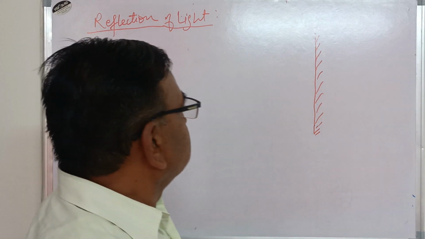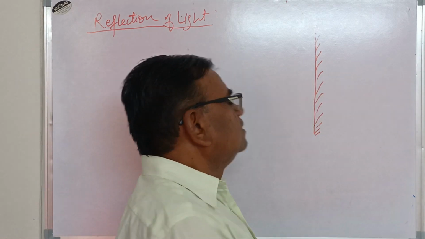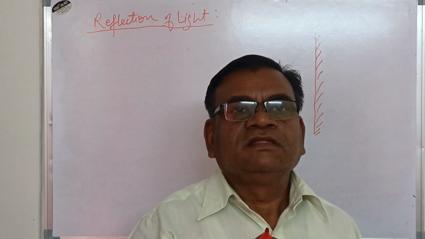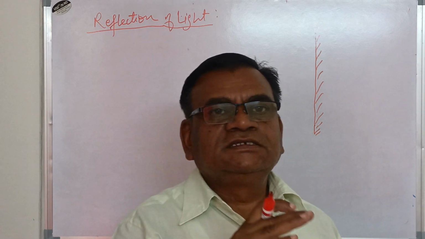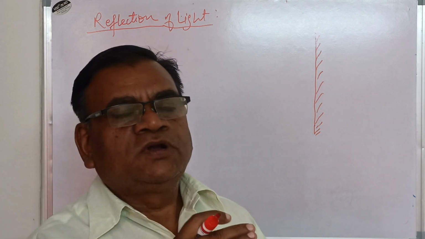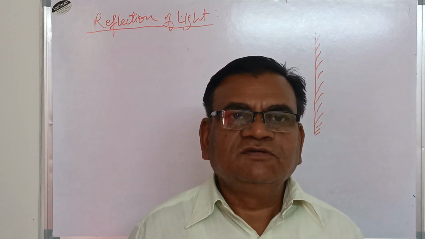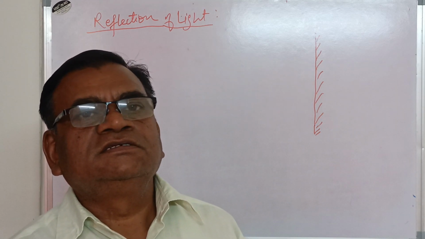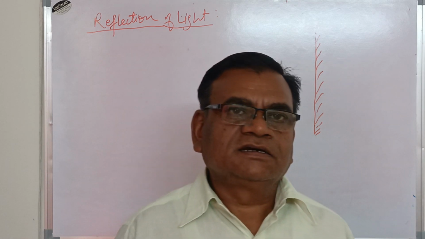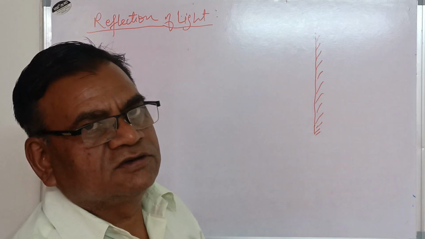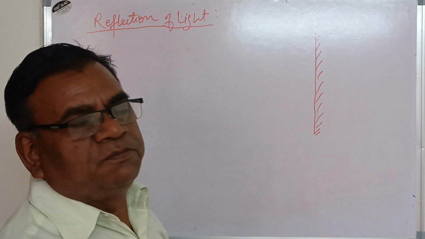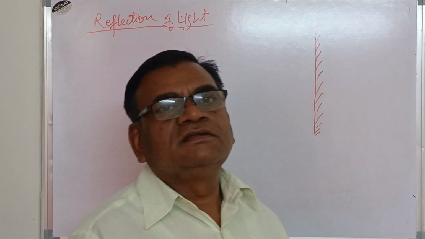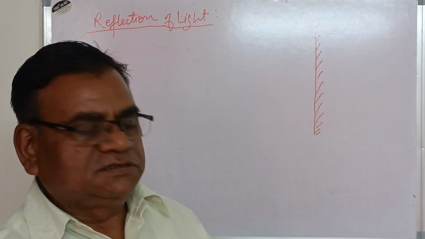On the mirror we see a red coat, and inside the red coat there is a silver coating. First the mirror surface is coated with a very thin layer of silver, and then to protect this coating, we apply a red oxide, iron oxide coating, a paint on that silver coating so that it remains intact.